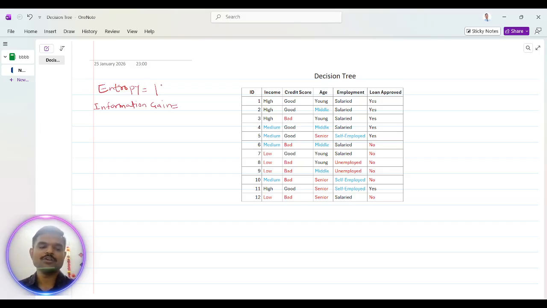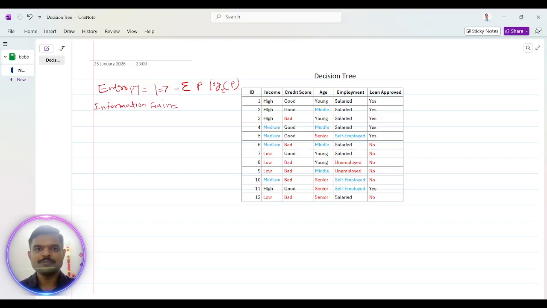And the formula of entropy is minus summation of probability times log to the base 2 of that probability. Now the probability of the entire data set I will explain to you. And the formula of information gain I will also explain to you.